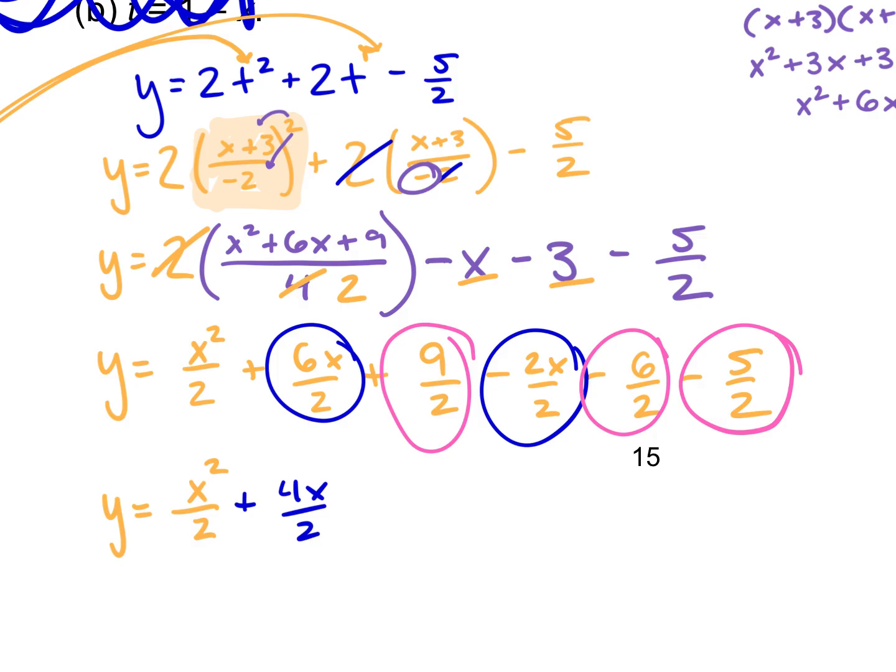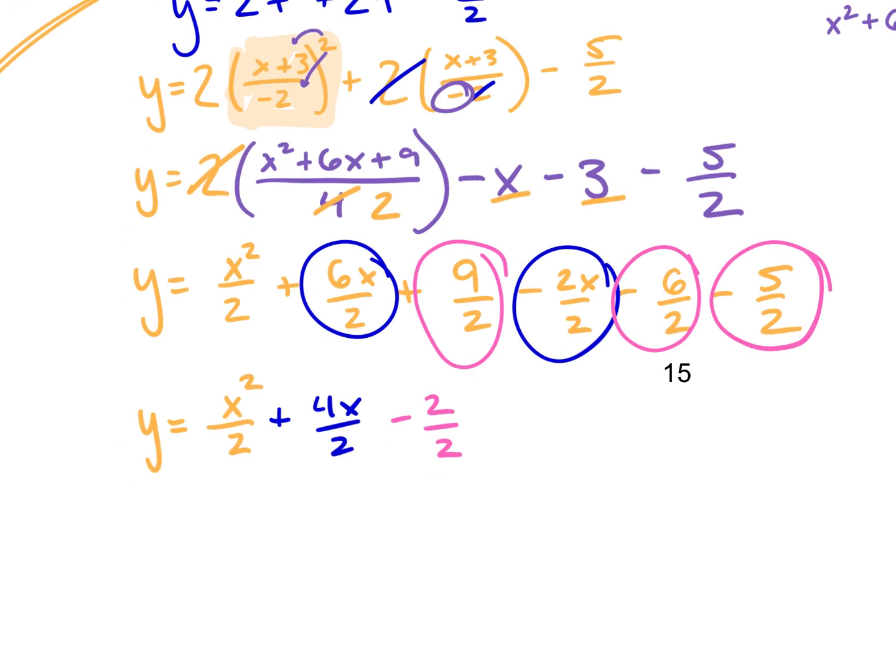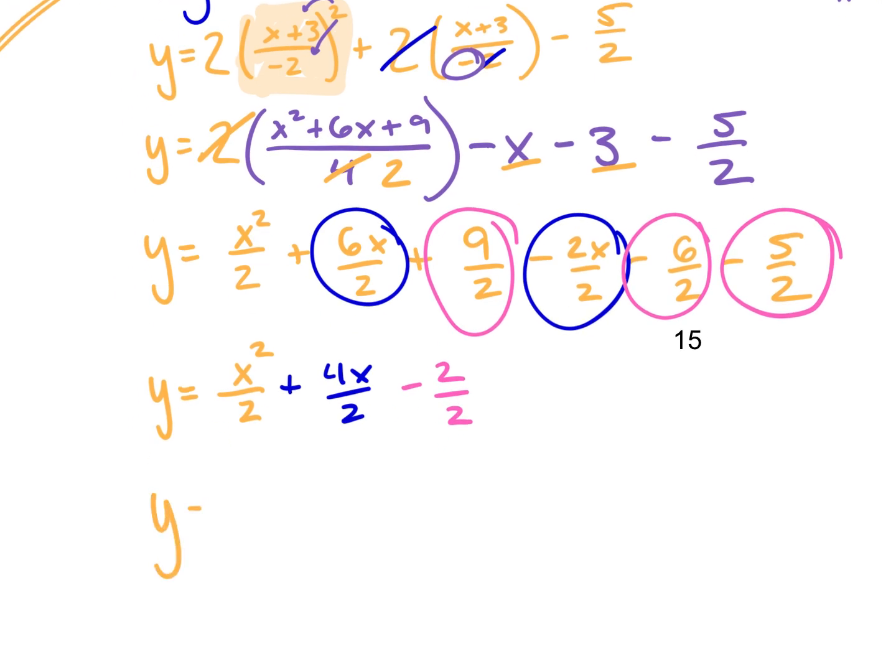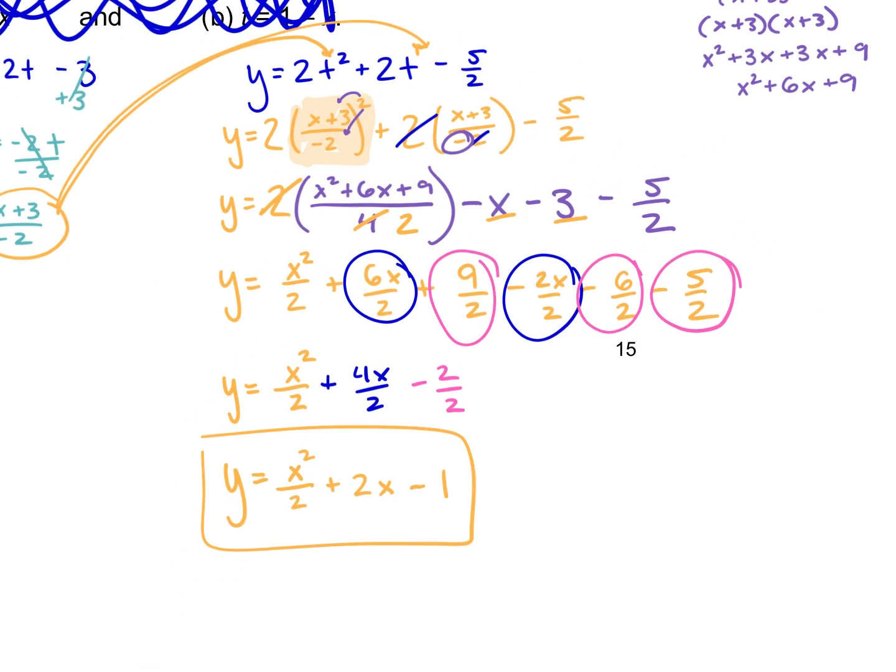And 3 minus 5, negative 2 over 2. So we could simplify just a little bit more. First one doesn't simplify, so if you want to put it as 1/2 times x squared, you can, or just x squared over 2. What does 4x over 2 simplify to? 2x, perfect. And negative 2 over 2 simplifies to minus 1. So that would be our answer.